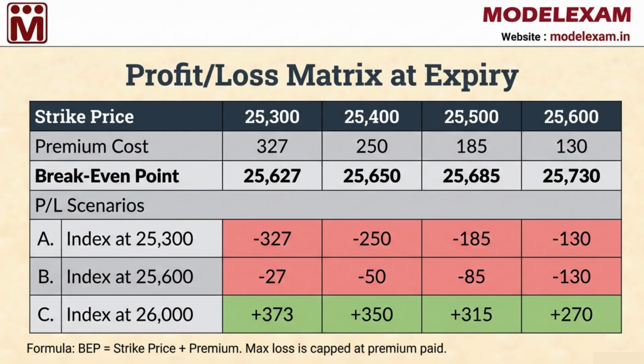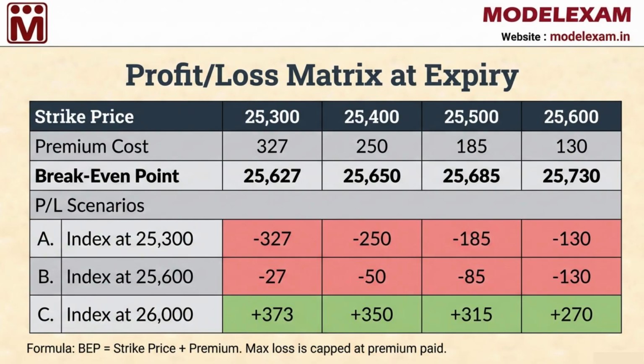To understand your potential outcomes, we look at the profit and loss matrix at the time of expiry. Your break-even point is calculated by taking the strike price and adding the premium cost. For example, a 25,300 strike plus a 327 premium equals a break-even point of 25,627.